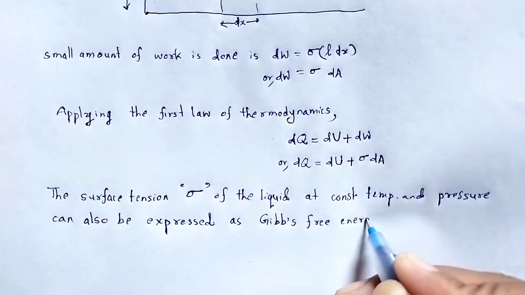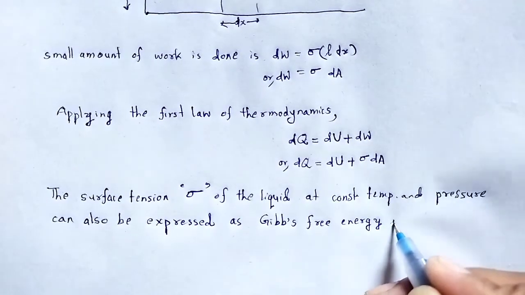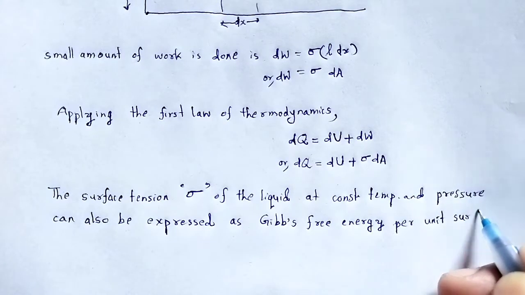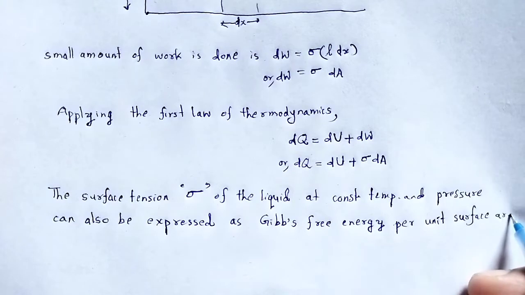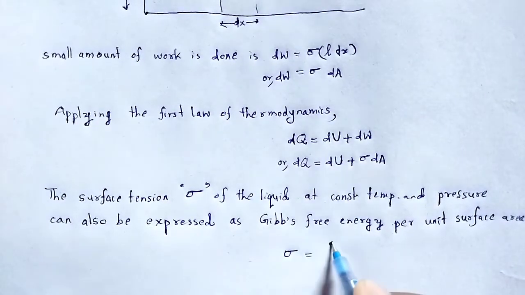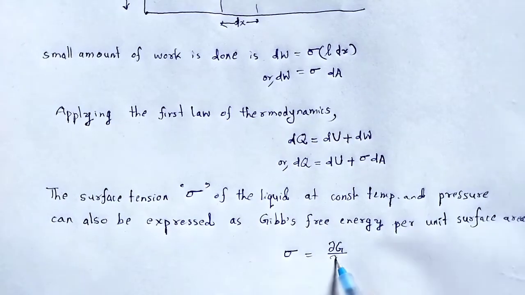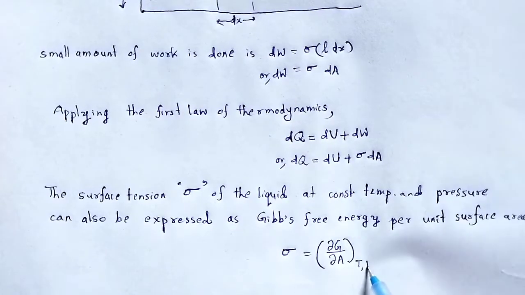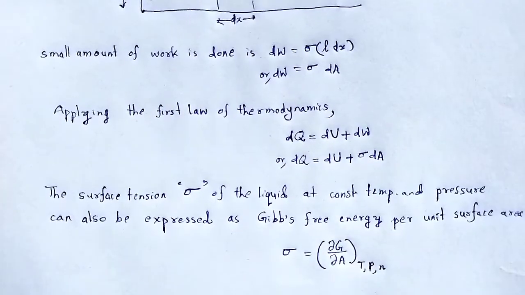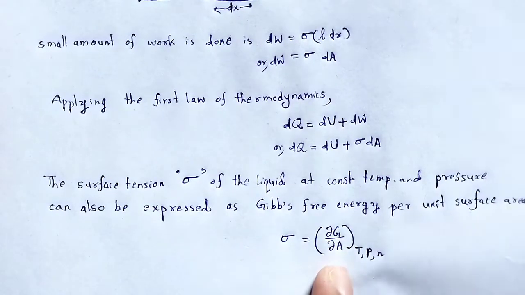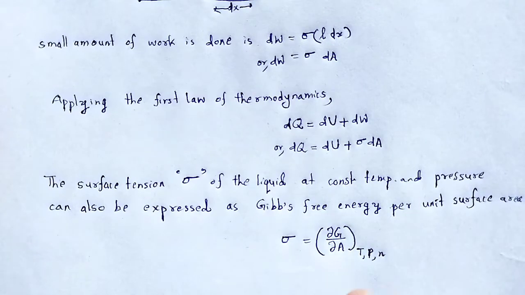Sigma is equal to del G by del A at constant temperature, pressure and number of molecules, where G is the Gibbs free energy.